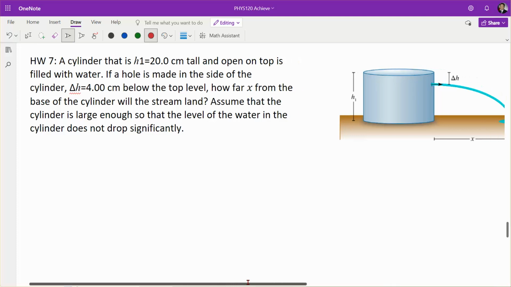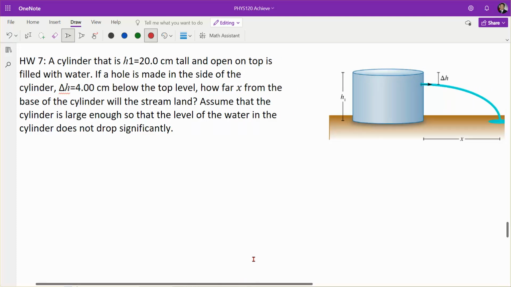The next problem is also about fluid in motion, and this one is about the Bernoulli principle. You need to use the Bernoulli equation, which tells you that the pressure plus 1/2 rho v squared plus rho g h is a constant.